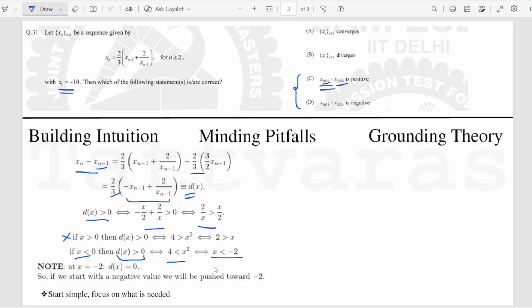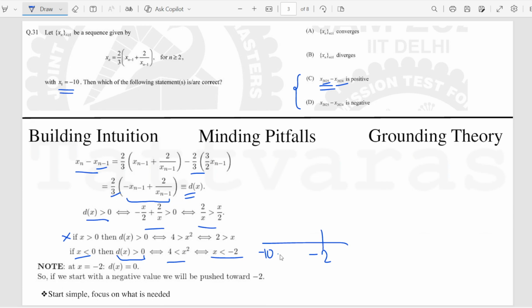This is essentially telling that whenever, before minus 2 on the number line, whatever value of the sequence that you take, let's say like minus 10, the next term in the sequence, when you take the difference, is going to be positive.